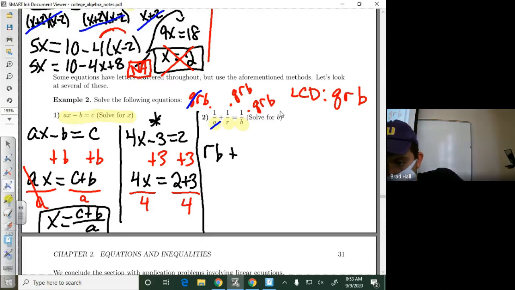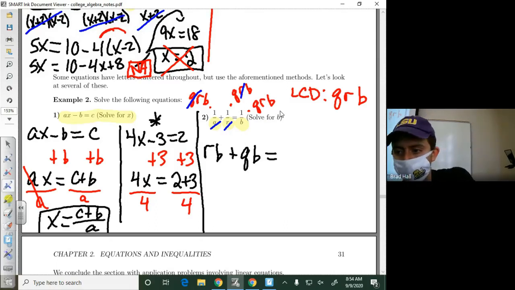The next one, the r's cancel, and we're just left with q times b. The final one, the b's cancel, and we're left with q times r.